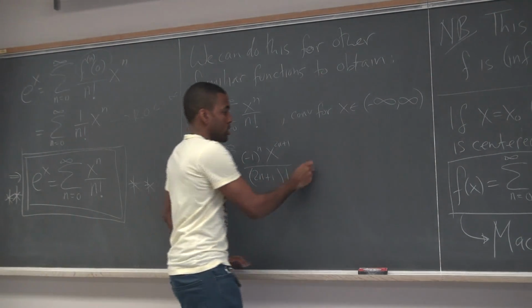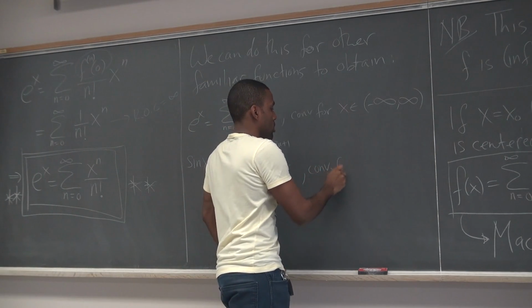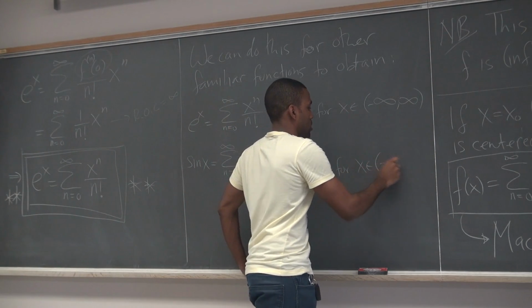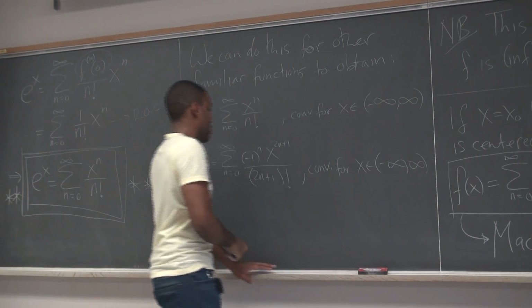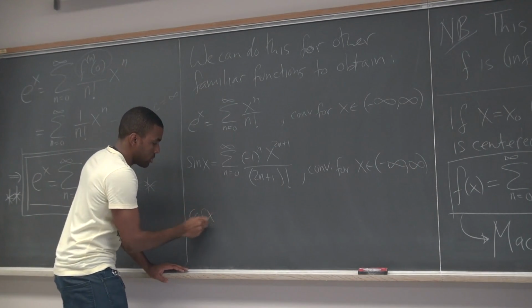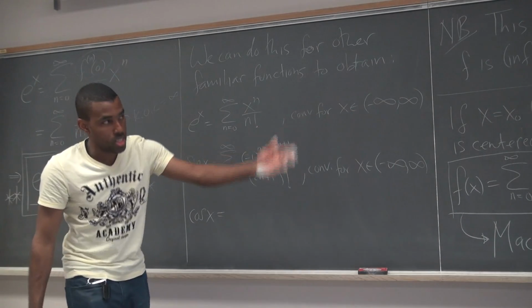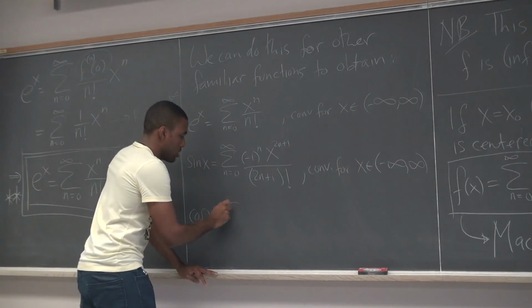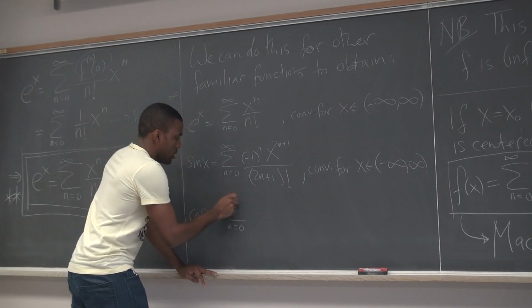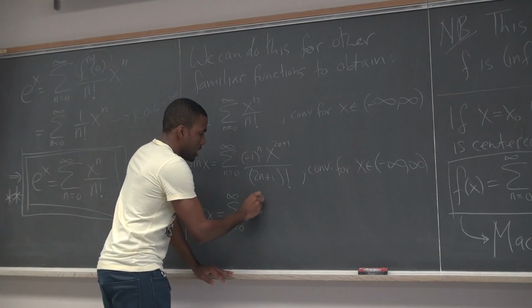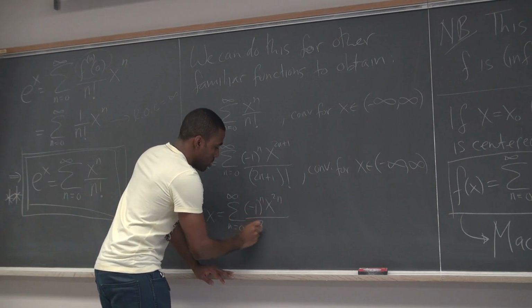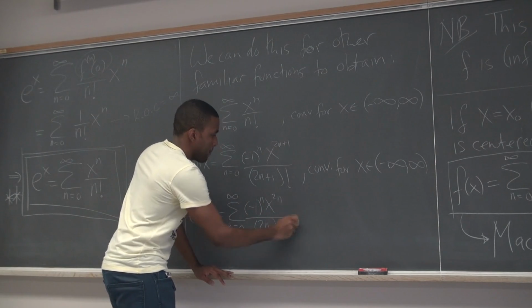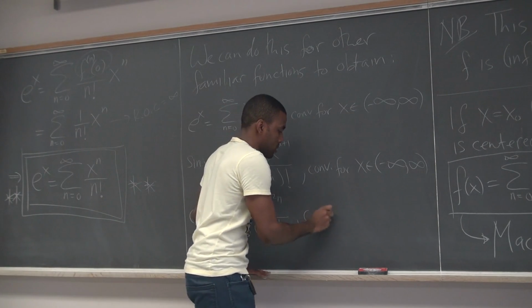This guy also converges everywhere. You can do the same thing for cosine. Keep repeatedly differentiating and plugging in 0. You will obtain minus 1 to the n x to the 2n over 2n factorial. Converges everywhere.